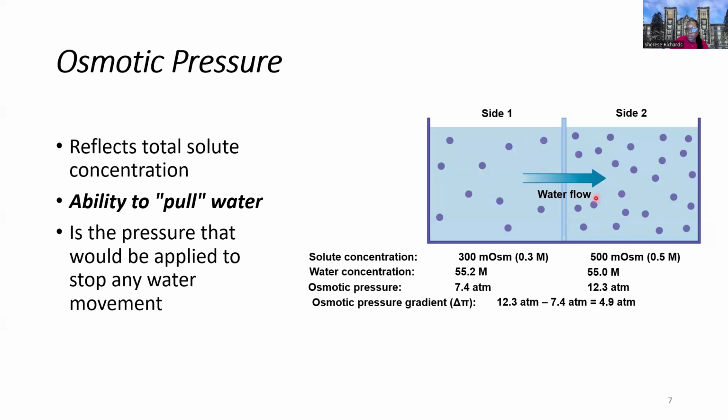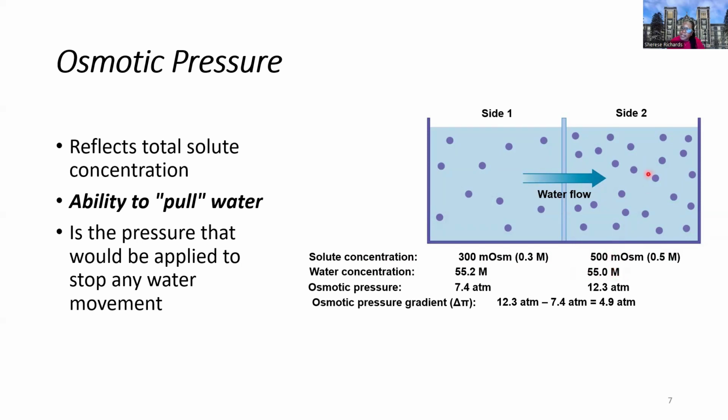Because if we have two scenarios here, side one, side two. Side one has more water dissolved, has a higher water concentration and a lower solute concentration. Side two has the opposite. It has a higher solute concentration and a lower water concentration.